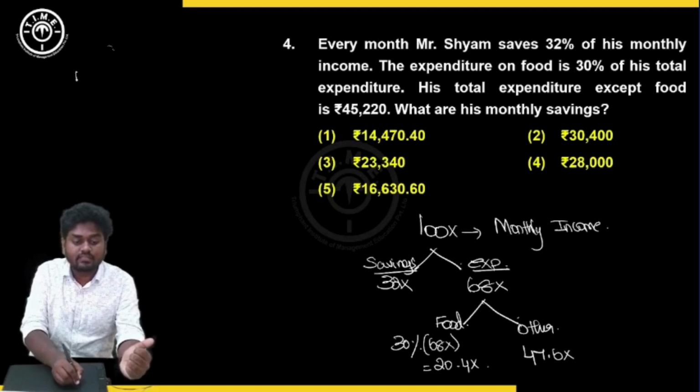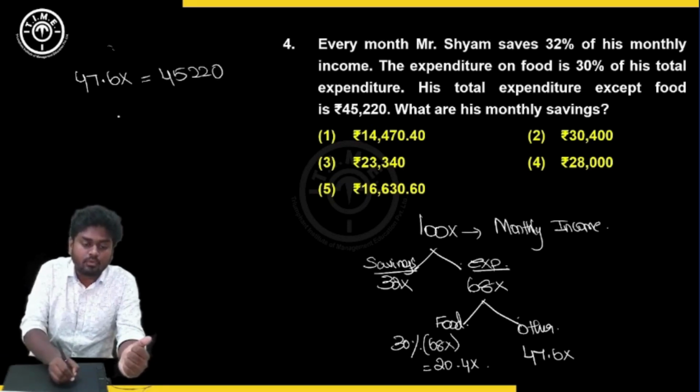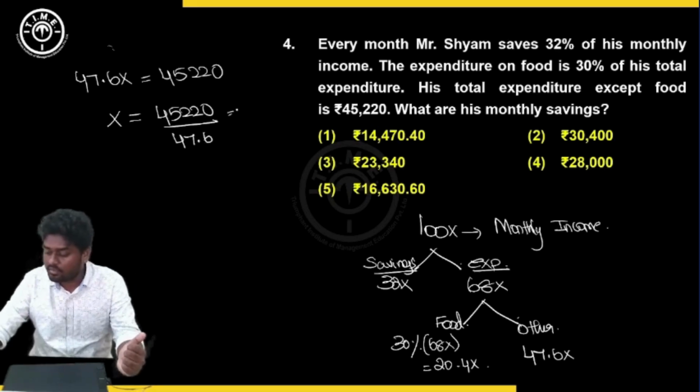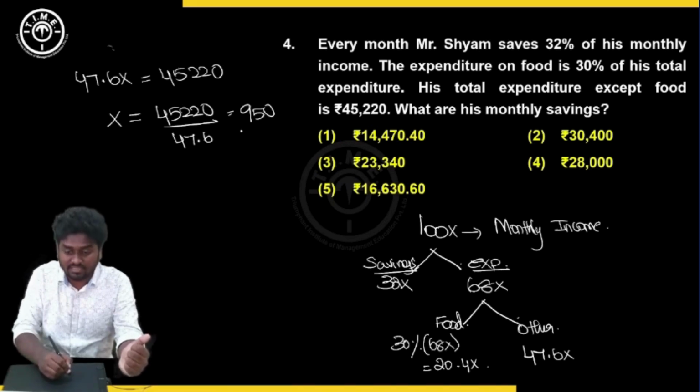Guys, can I say 47.6x is nothing but 45,220, correct? If I find the value of x, that is 45,220 divided by 47.6. When we solve this we get the value of x, which is 950.